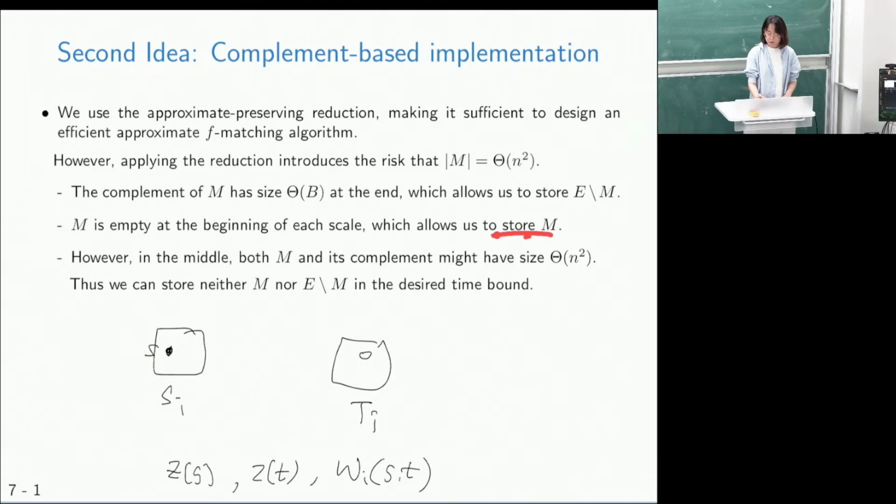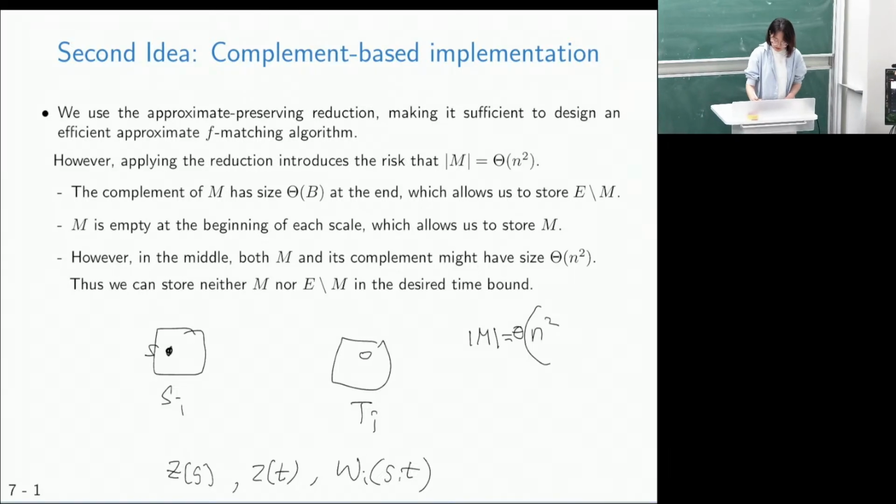So we can store M explicitly at the beginning of the algorithm, the beginning of each scale. And at the end of the algorithm, the size of M is n squared minus b.